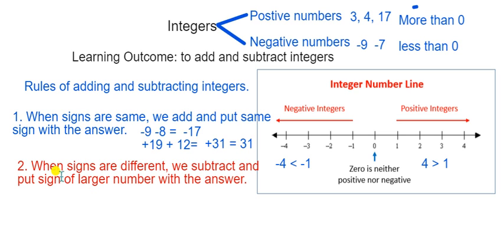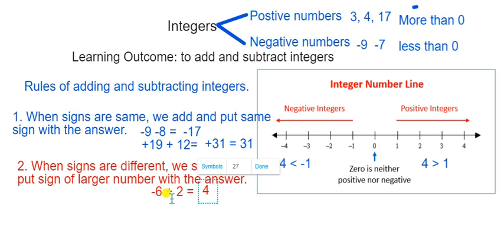The second rule states when signs are different in an equation, we subtract and put the sign of the larger number with the answer. Let's take a few examples. -6 plus 2. If you look at this equation, there are two numbers and two different signs have been used, negative and positive. It means we will subtract them. 6 minus 2 makes 4.